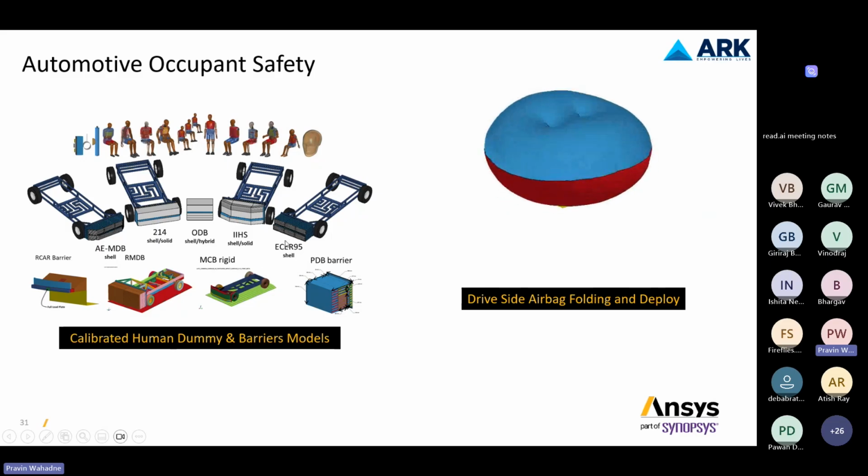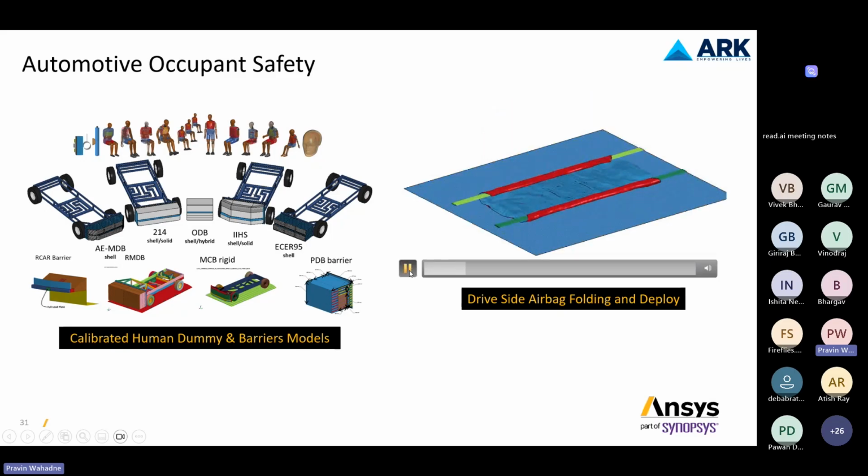Whenever we want to perform any simulations with respect to the automotive safety industry, you can download these particular models. Models are freely available for this kind of application. You can download them directly from the Ansys LS-DYNA website and use them in your simulation.